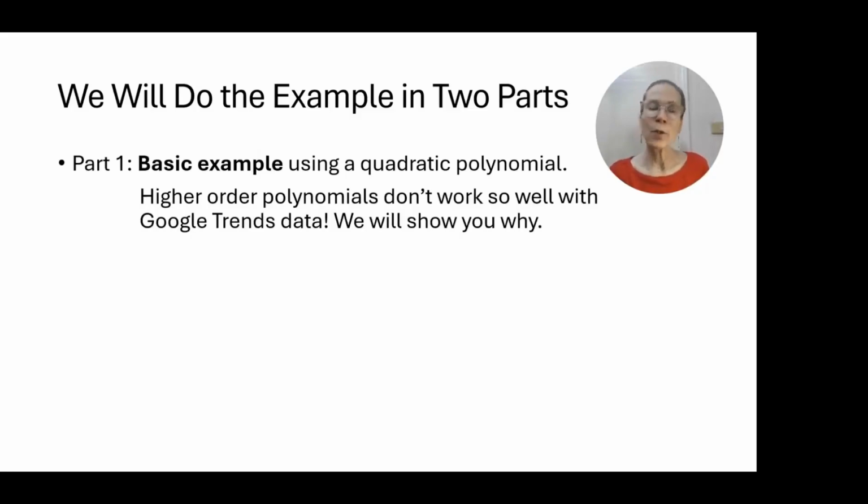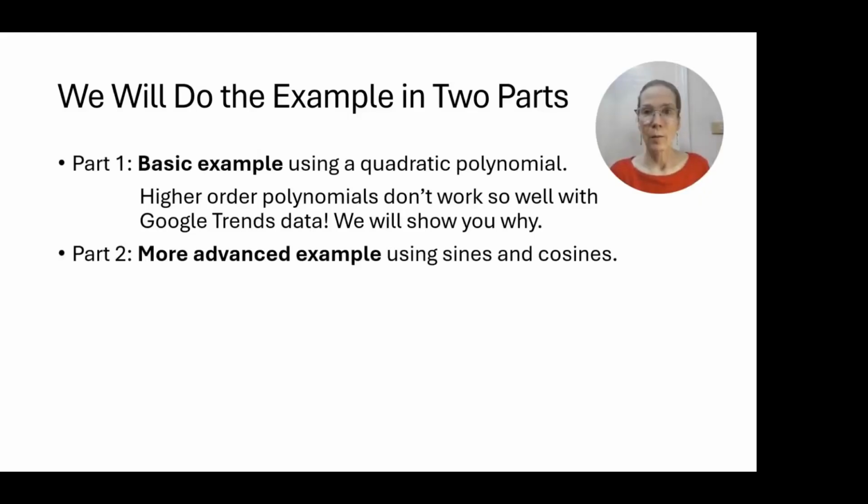So what are you going to do if you're not satisfied with the results of your quadratic polynomial analysis? Maybe you feel like you can do more with your data. For this case, we're going to present a more advanced example using sines and cosines. So maybe you worked with this kind of function when you were in high school, and here they are again.